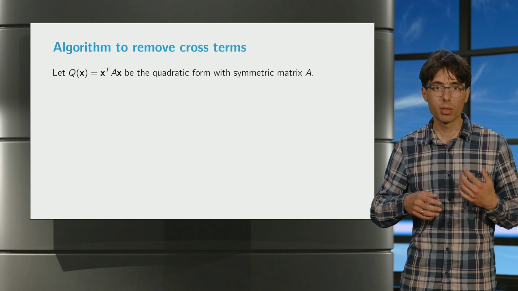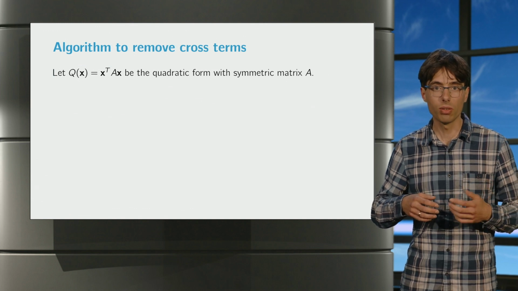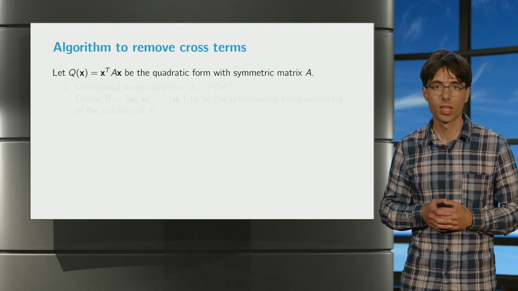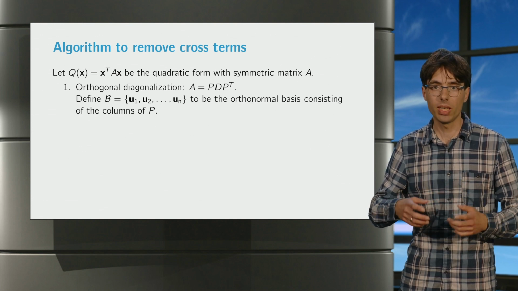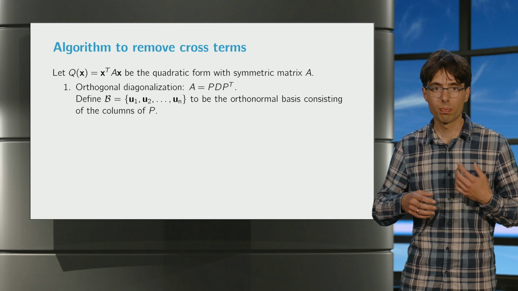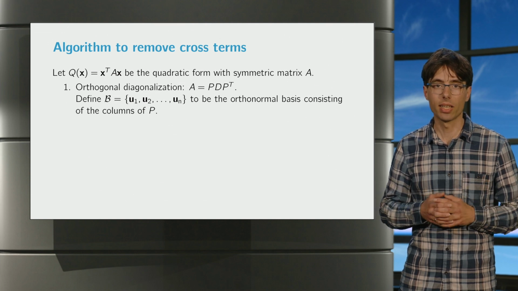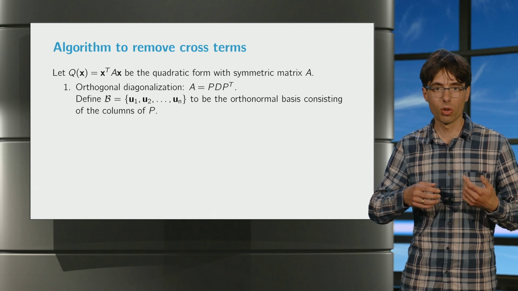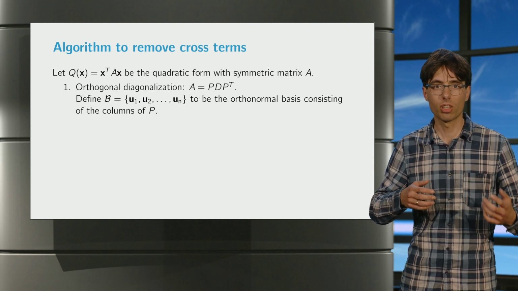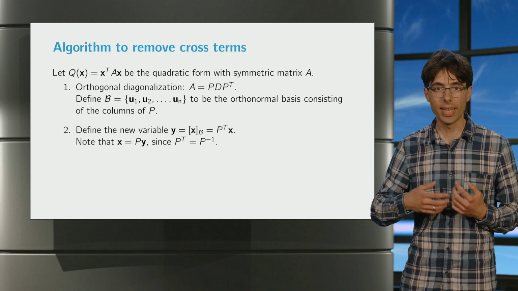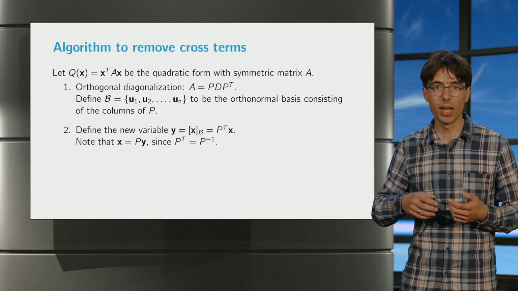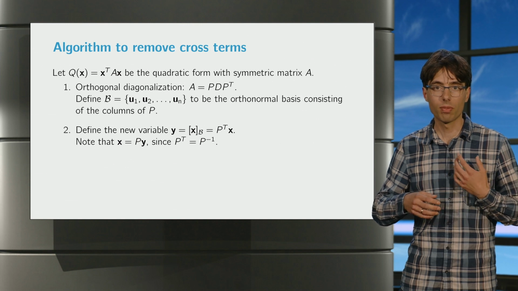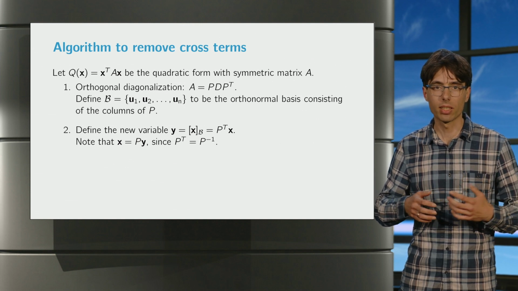Of course, you know that what makes a symmetric matrix special is that it admits an orthogonal diagonalization. So if we write A as PDP transpose with P orthogonal and D diagonal, we write B for the orthonormal basis consisting of the columns of P. Then we define the new variable y as x in terms of this basis, which means that we have y is P transpose times x.